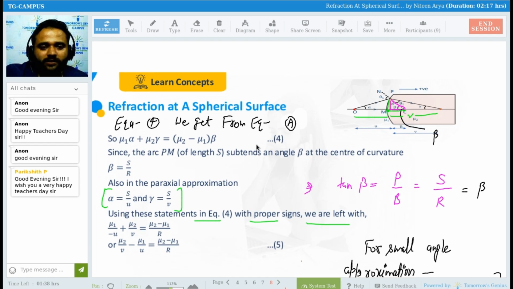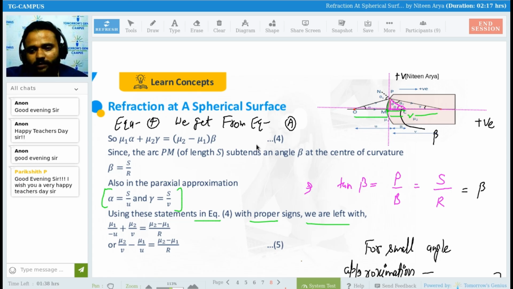Because in the sign convention in the last lecture, we learned in great detail that the pole, the point where the refraction happens, is taken as 0. Everything on the right hand side is positive, everything on the upper side, vertically upward, is positive, everything on the left hand side is negative, and everything on the downward side is negative.